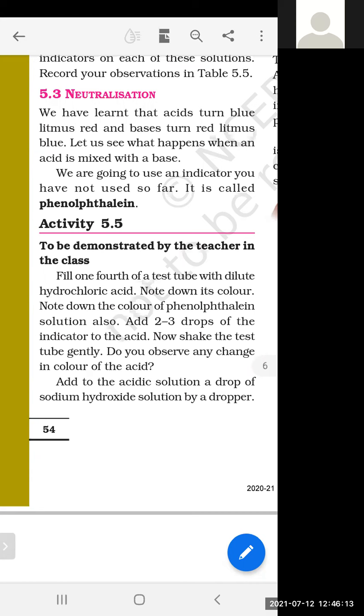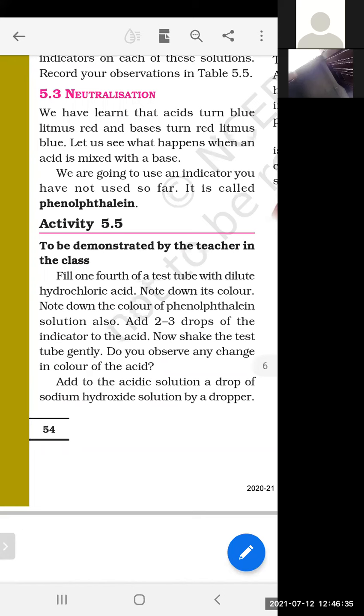We have discussed three types of indicator: litmus, turmeric, and China rose. This is the fourth type of indicator, phenolphthalein. We will use phenolphthalein indicator to check the neutralization reaction.